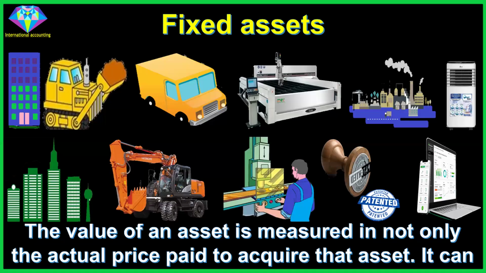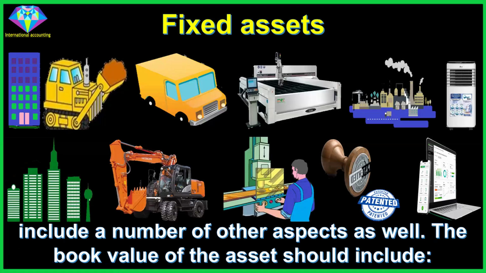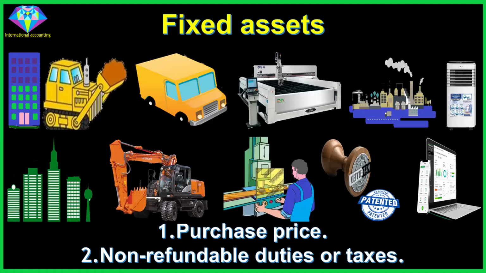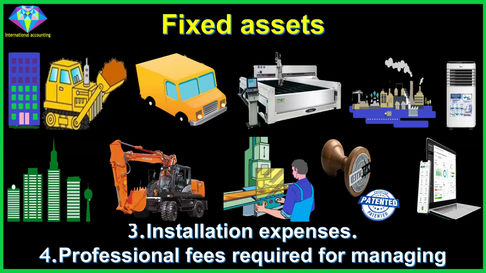The value of an asset is measured in not only the actual price paid to acquire that asset. It can include a number of other aspects as well. The book value of the asset should include: 1. Purchase price. 2. Non-refundable duties or taxes. 3.